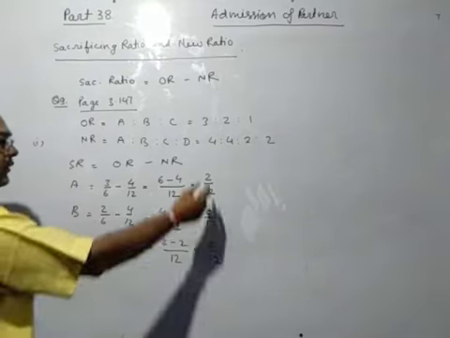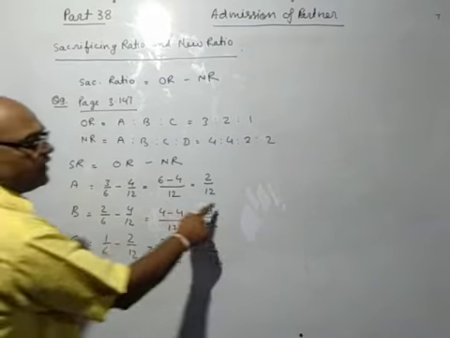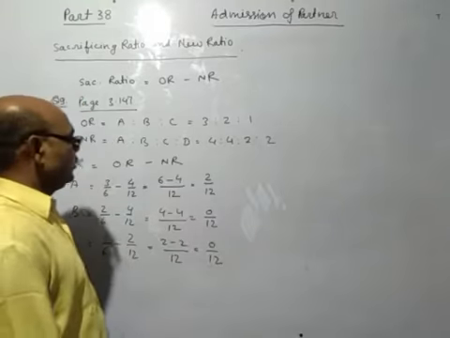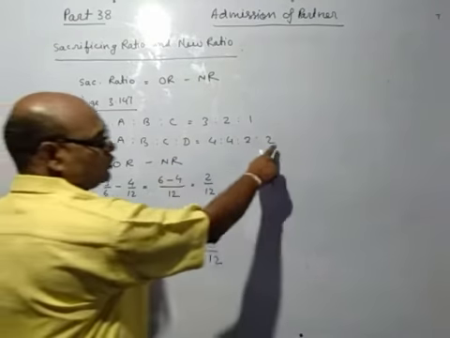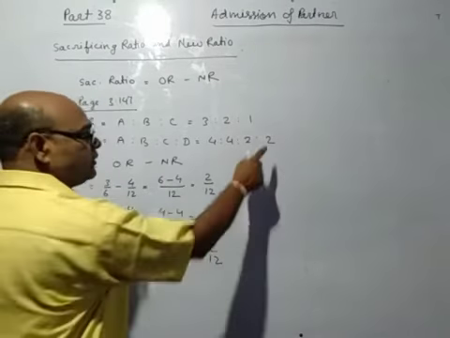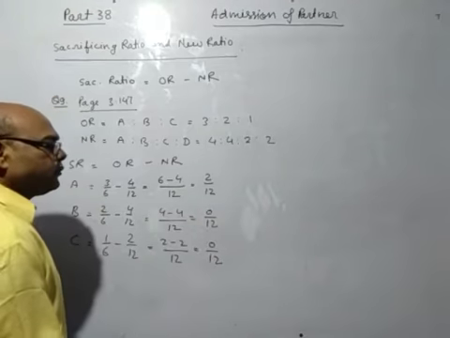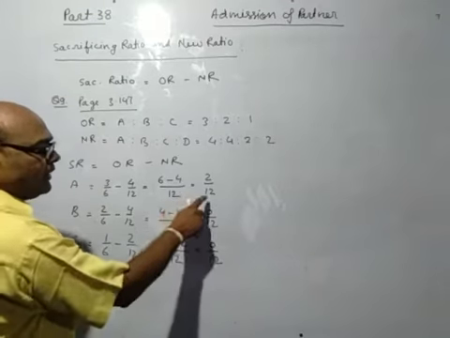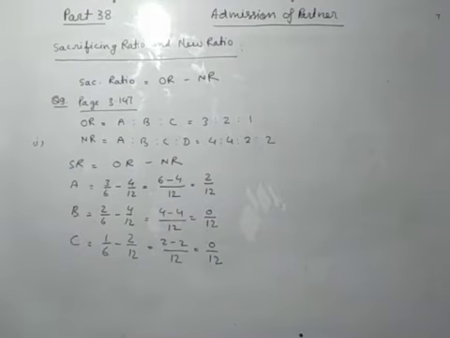So you are seeing only A has sacrificed. New partner D's ratio is 2/12, and D has received this proportion only from A. B and C have not sacrificed any ratio. Now in the same question, we will see the second case.